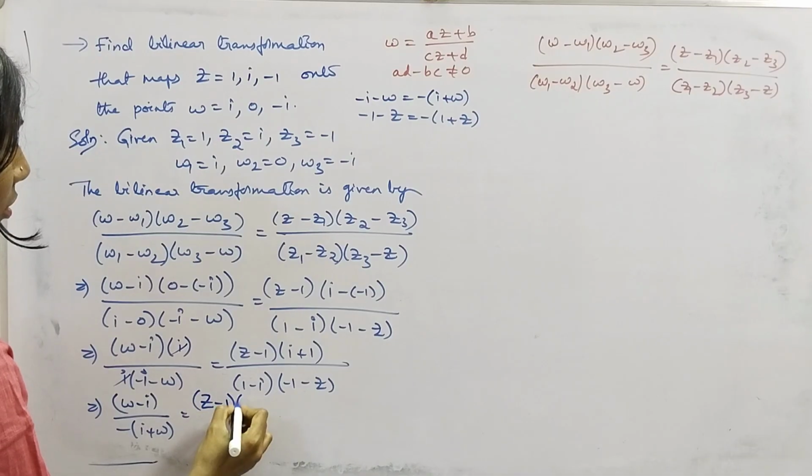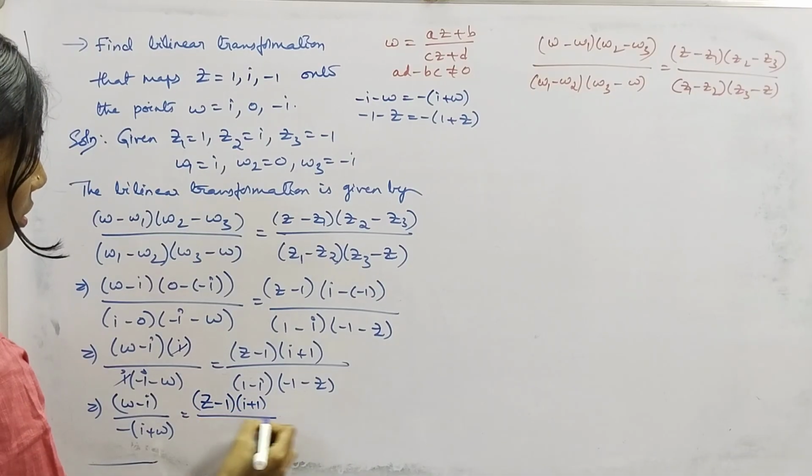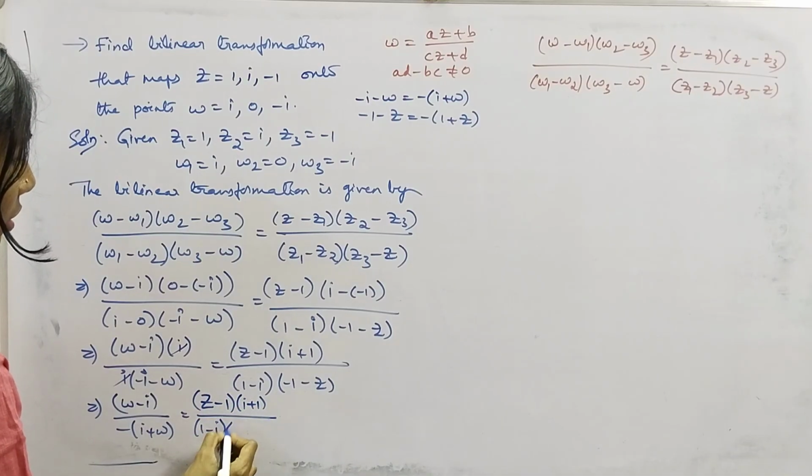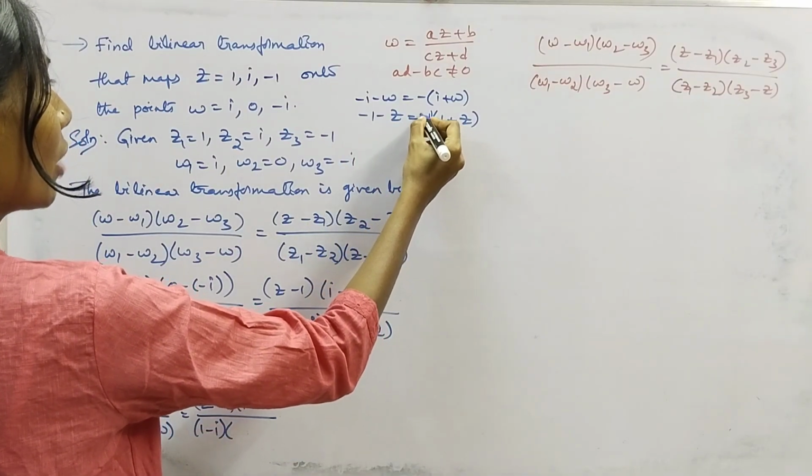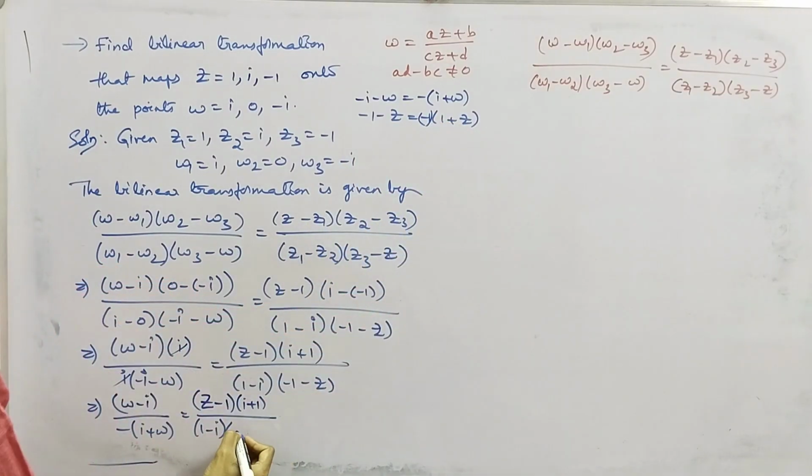z minus 1 into i plus 1 by 1 minus i into, take minus common. If you take minus common, you can write it as minus 1 into 1 plus z. Okay.